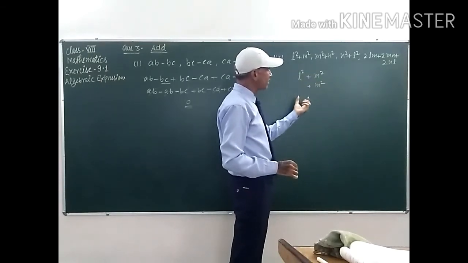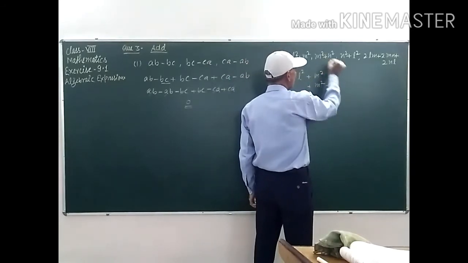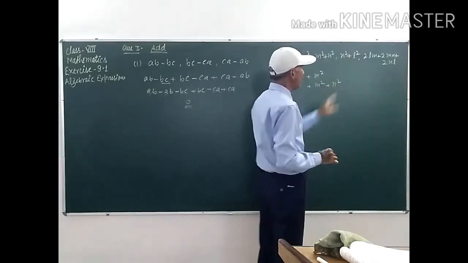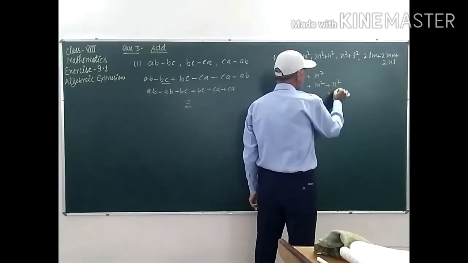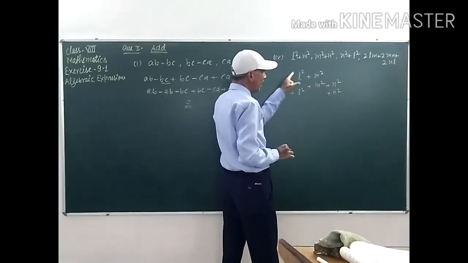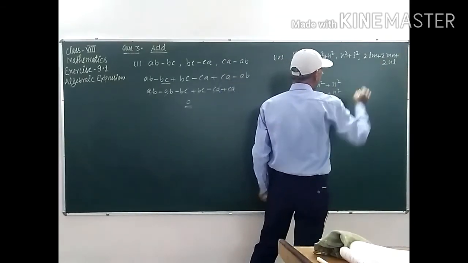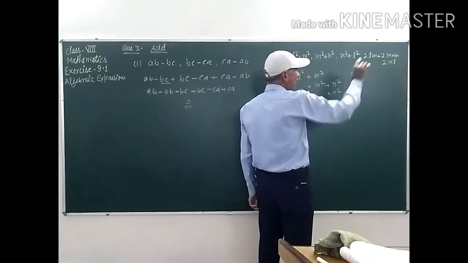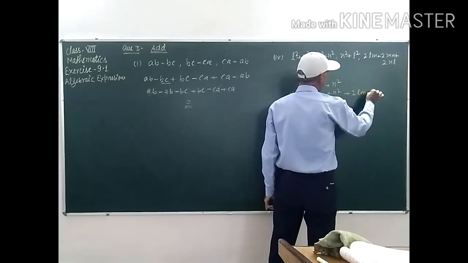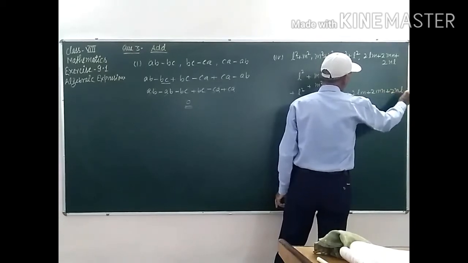Like terms को like terms के साथ या उसके नीचे हम लिखते हैं plus N square, and next N square plus L square. Okay, student? L square को L square के नीचे हमने लिख लिया. And last term is separate term, so you can write here plus 2LM plus 2MN plus 2NL.